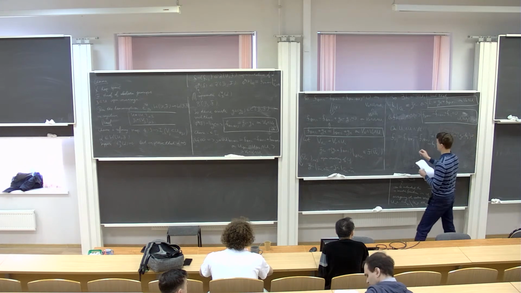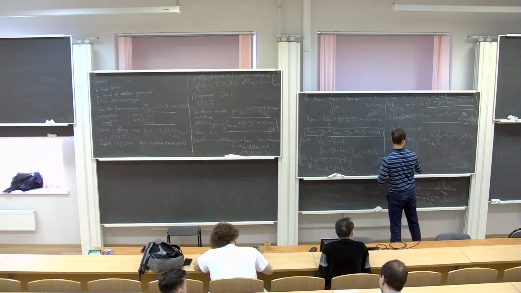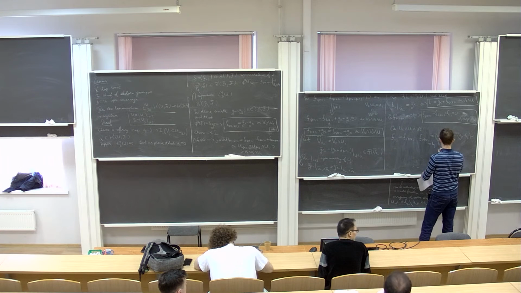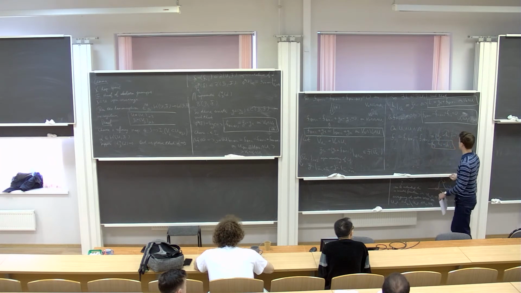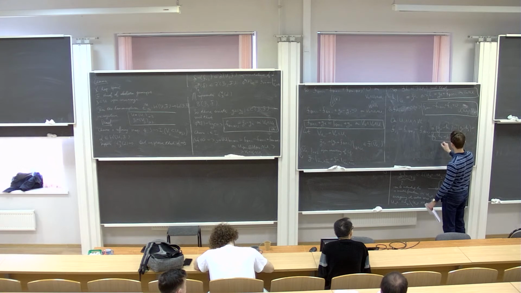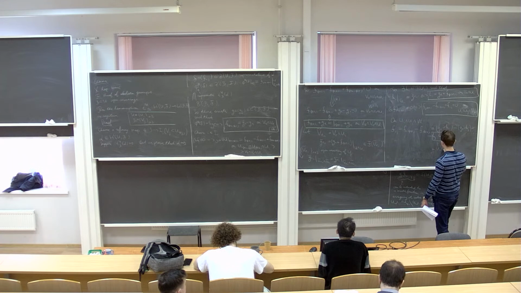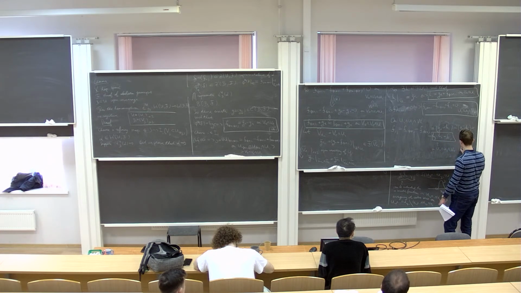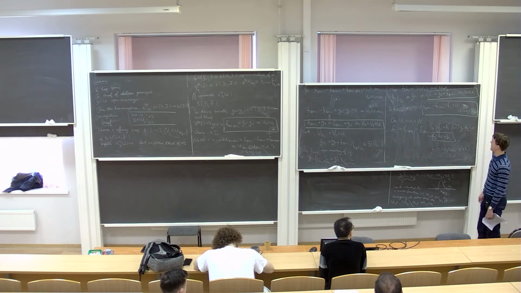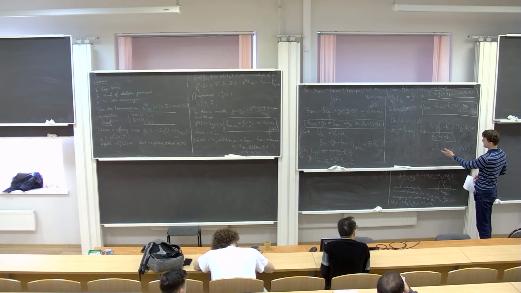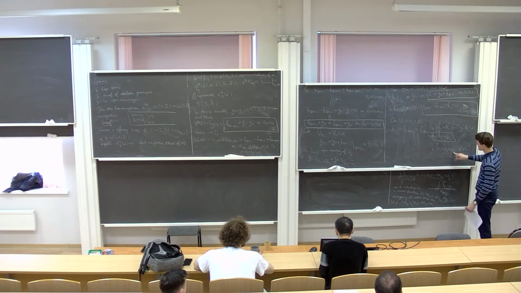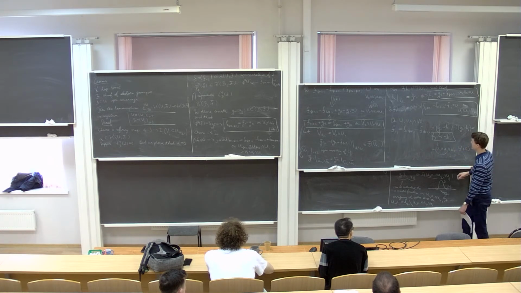So you see f_ij, and this is true on U_i ∩ U_j ∩ V_k for any k in J. But again, we use sheaf axioms here. These intersections cover U_i ∩ U_j.